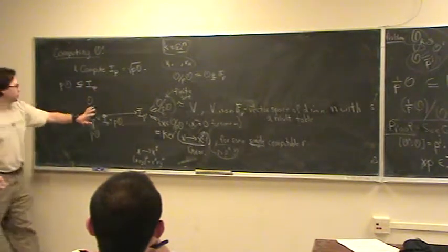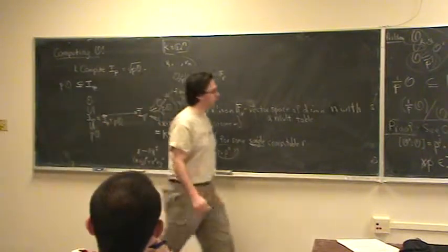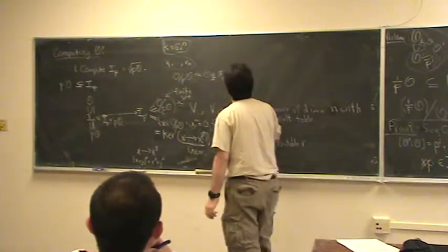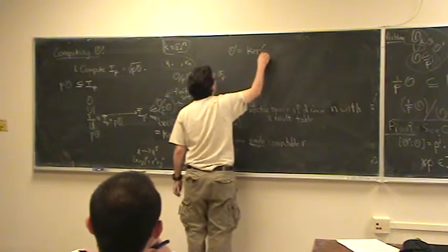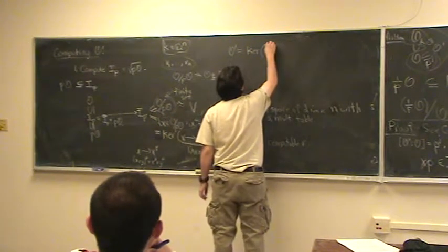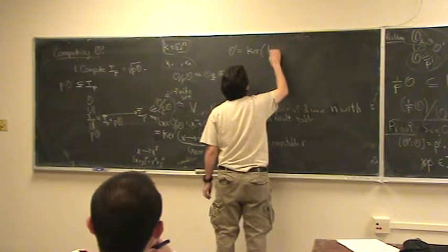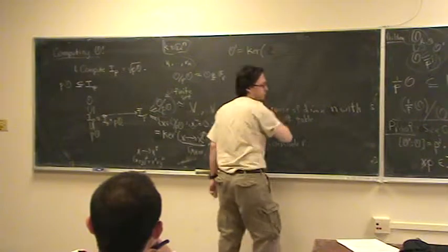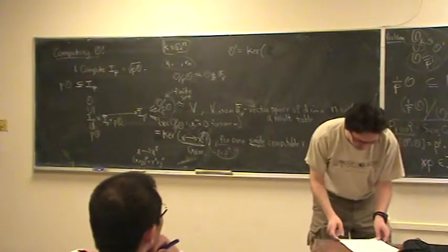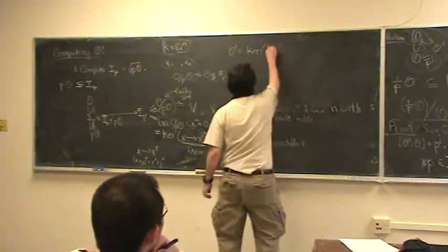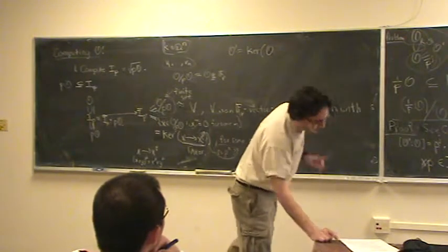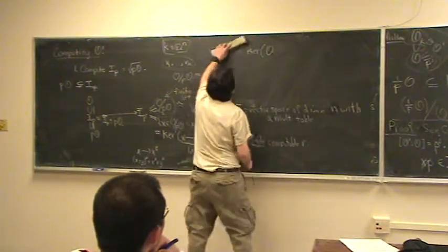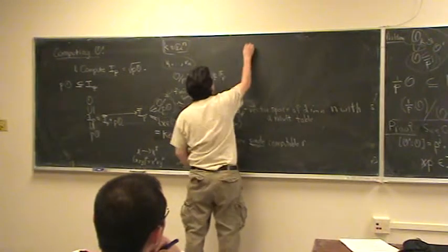Okay, so that's how you compute IP. And now to compute O prime, once you have IP, it's really easy. O prime is the kernel of the homomorphism from K. Oh, let me think about this for a second. It's a homomorphism from O, actually. Sorry, that doesn't make any sense. Here's a kind of cool trick. So actually what you do is you consider the homomorphism.